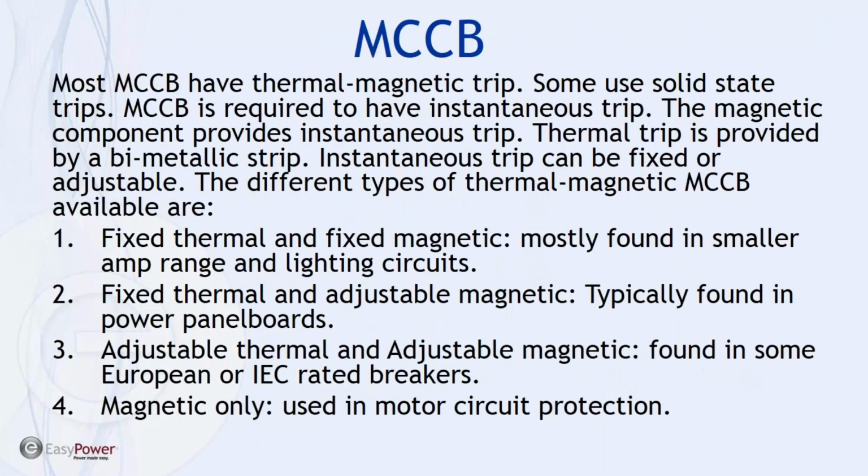When you're looking at molded case circuit breakers, they most often have a thermomagnetic trip, and there are some that do have adjustable solid state trips. The thermomagnetic usually has a fixed thermal and a fixed magnetic in smaller current applications. And by correctly recording the manufacturer name, type, style, and part number, the device library will have the trip characteristics and the ratings already stored.